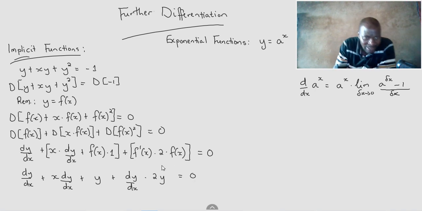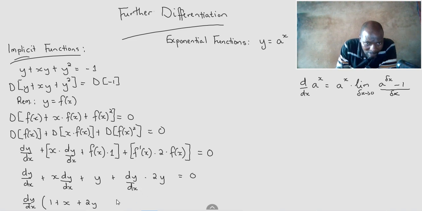Now, writing it neatly, let's make dy dx a common factor and take all terms that have dy dx: 1 plus x, plus 2y. We are only left with what?